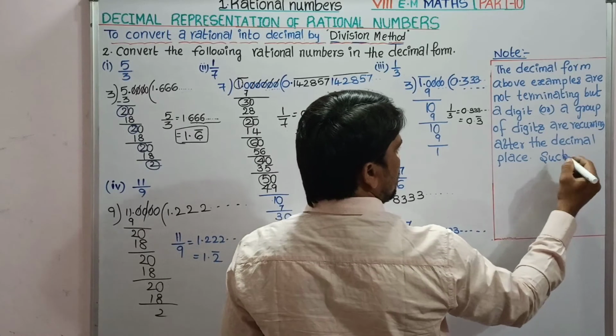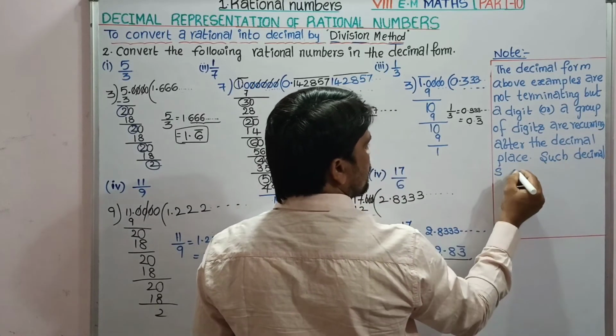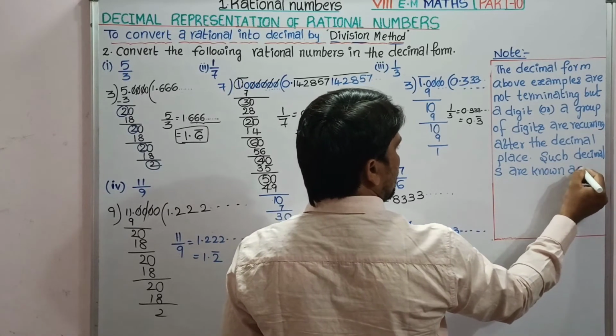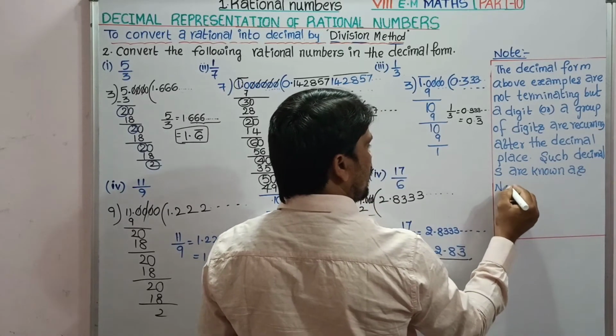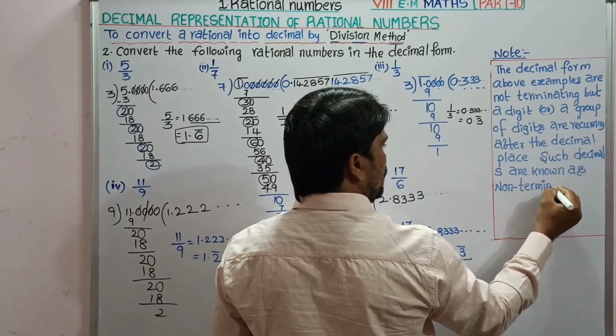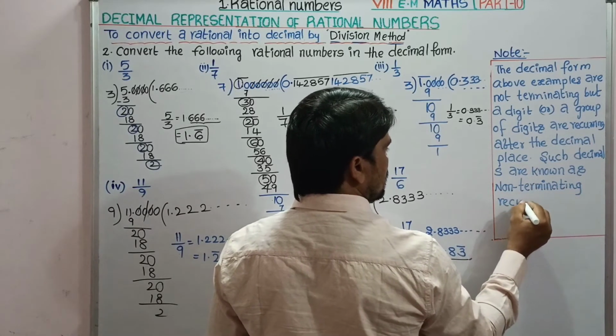Such decimals are known as non-terminating recurring decimals.